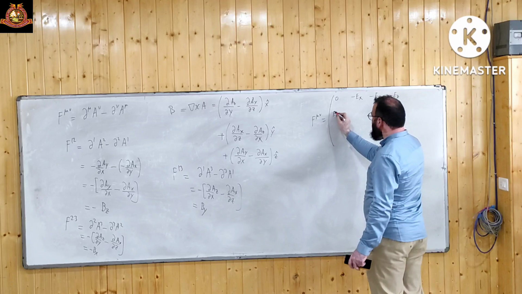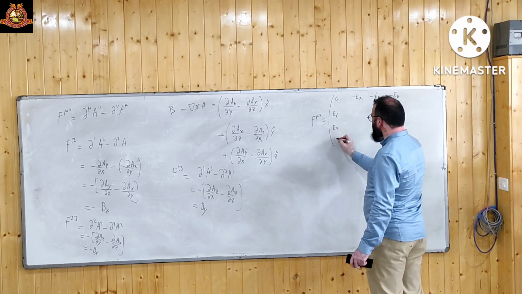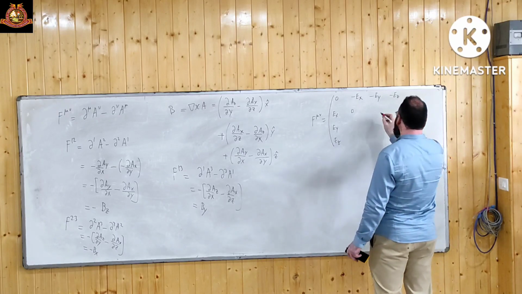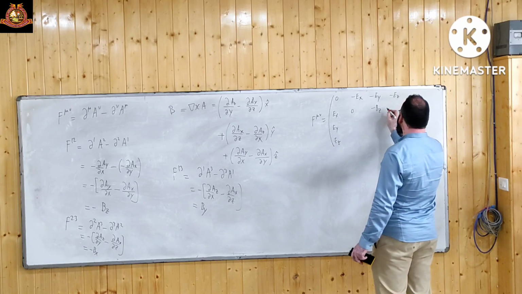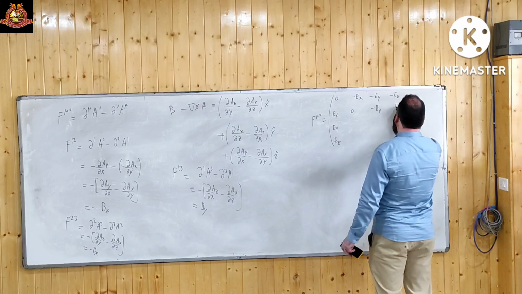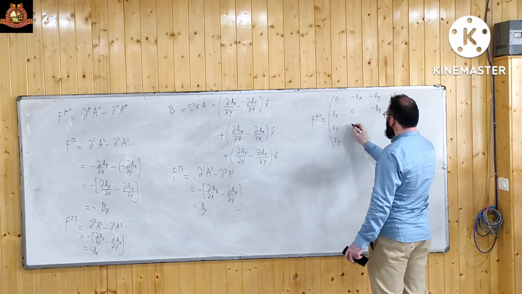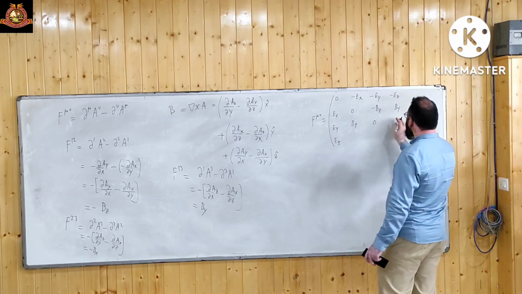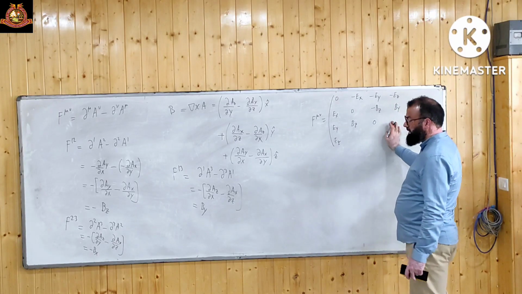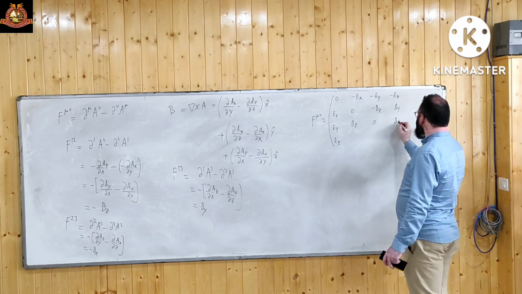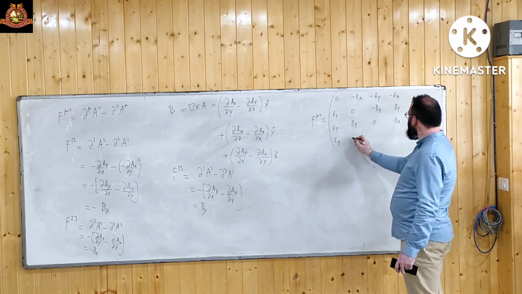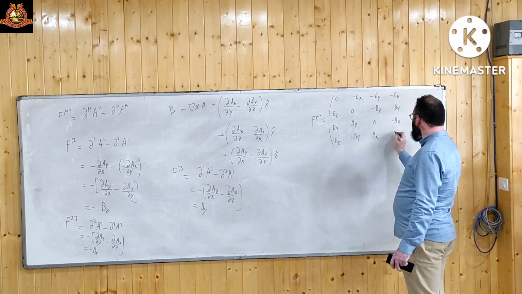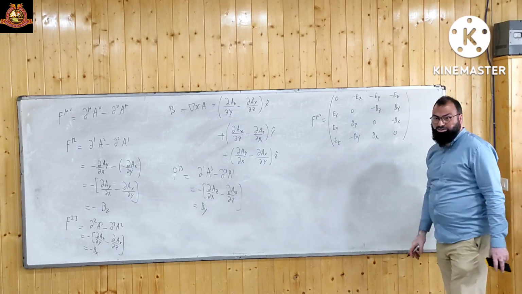Then you have EX here, EY here, and EZ here. Then you have 0, then minus BZ, then BY. Then BZ, 0, then minus BX. Then minus BY, then BX here. So this is your F mu nu.